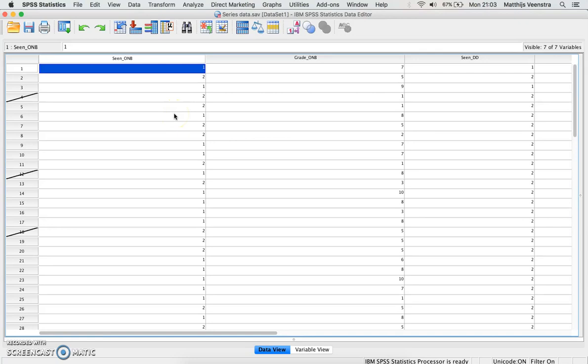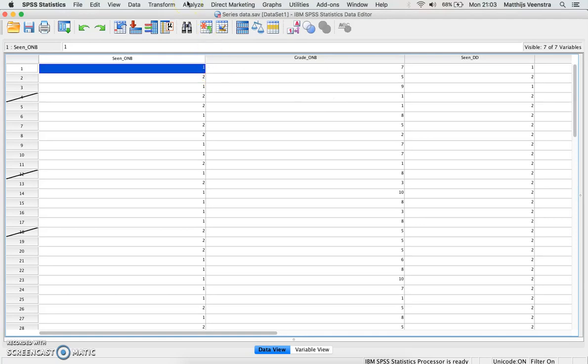This dataset, some of you may be familiar with it, is a questionnaire in which people were asked, among other things, whether they've seen a series and the kind of grade they would give the series, and also what their gender was.